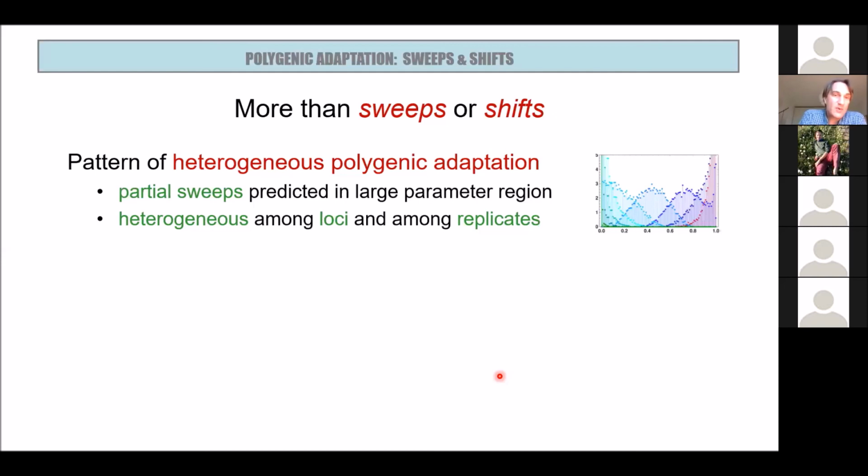And there, what we really want to do is to describe these heterogeneous patterns of polygenic adaptation much better. These are partial sweeps predicted for a large parameter region, and so we expect that we get very heterogeneous patterns among loci. Some contribute a lot and some not so much, right? And also among replicates. So if we do this in experimental evolution in many replicates, we also assume that different replicates really look different.